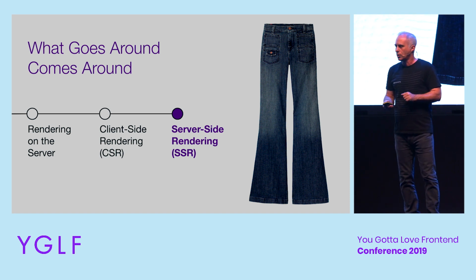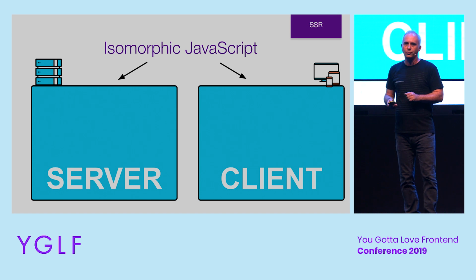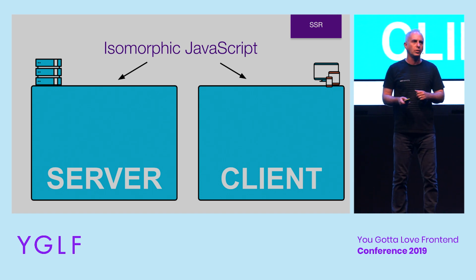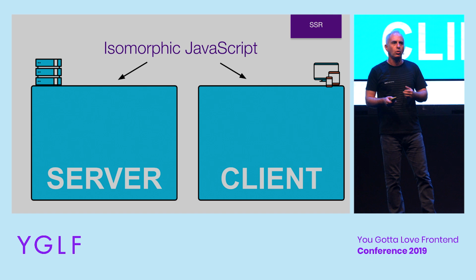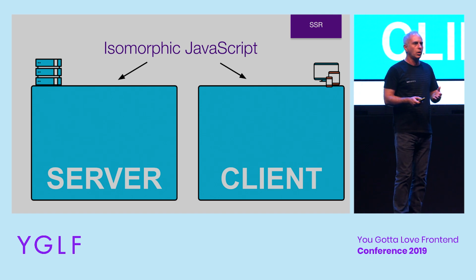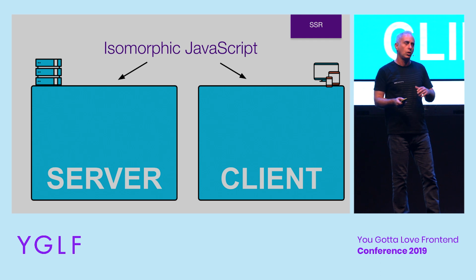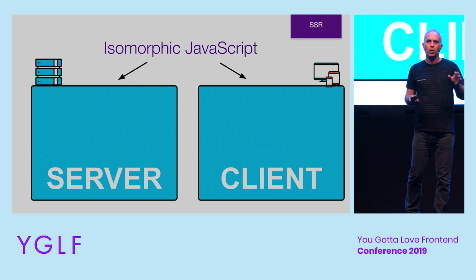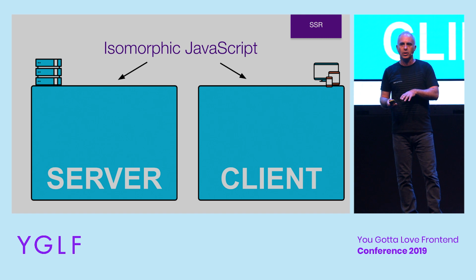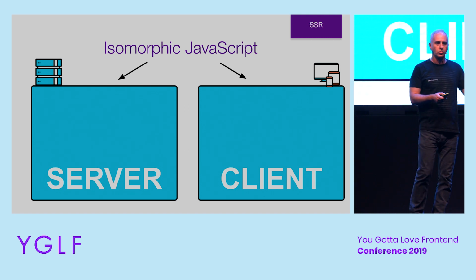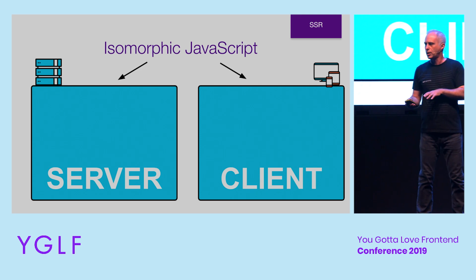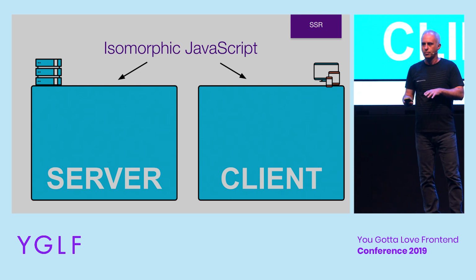One important difference is this concept with a terrible name called Isomorphic JavaScript, where we are essentially using the same code, written in JavaScript or compiled into JavaScript, both on the server side and on the client side. So we might be running that code on the Node server, and then also running that same code on the client.